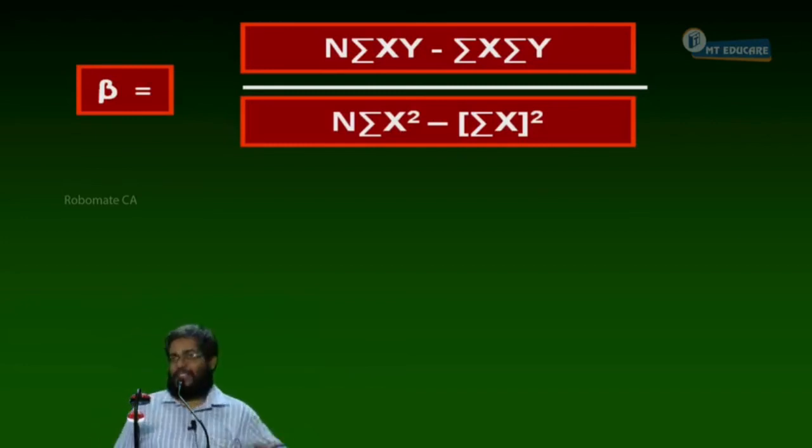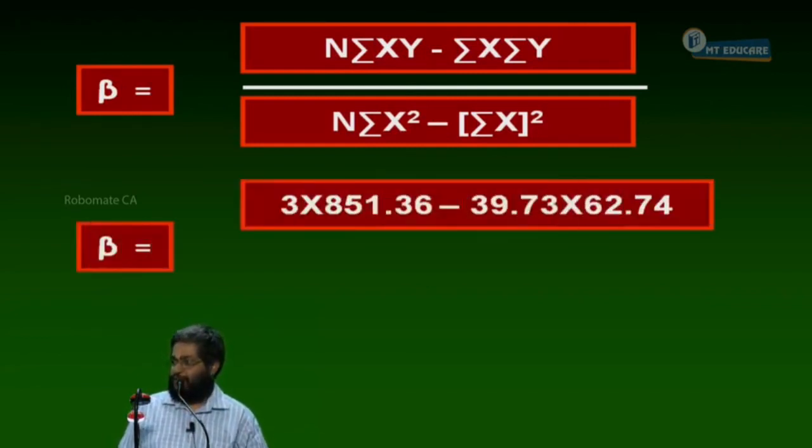Can I proceed or not? Please substitute the numbers here. n sigma xy, tell me, 3 into 851.36 minus, what is sigma x and sigma y? 39.73 into 62.74.